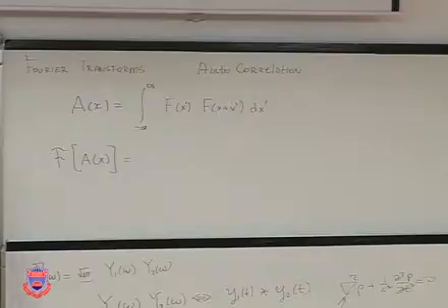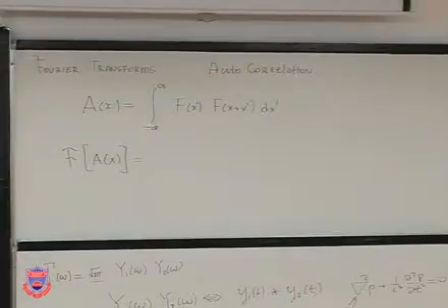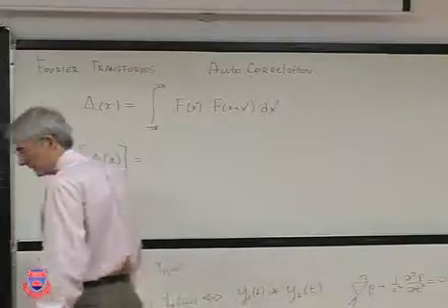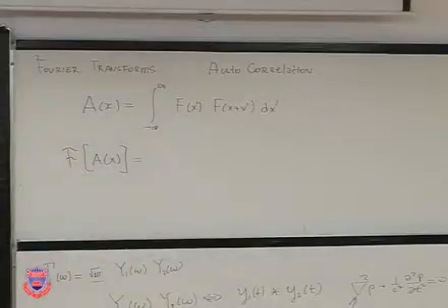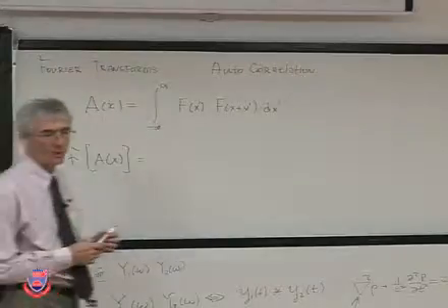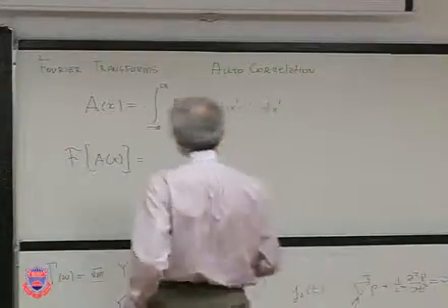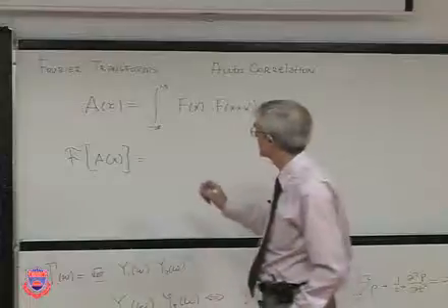Can you take 2 minutes and see if you can do a quick Fourier transform of it, based on what you have learned? A quick Fourier transform of autocorrelation. Much like what we have done here, slightly different. I will give you the result, and I'd like you to work on it when you get back.